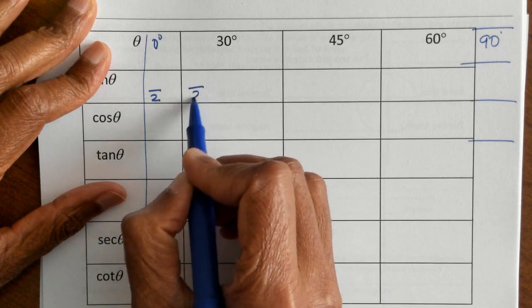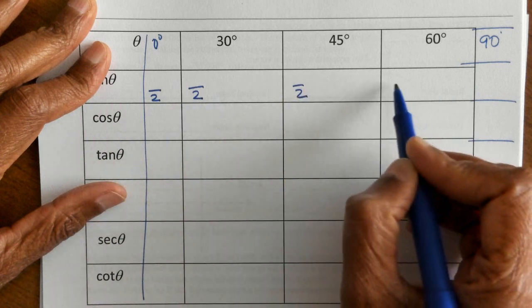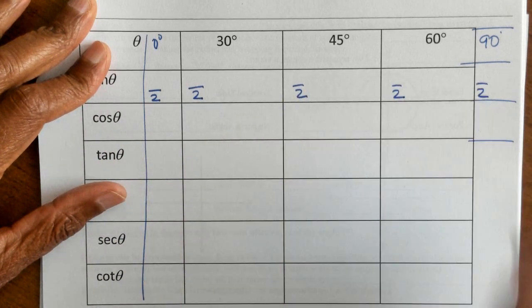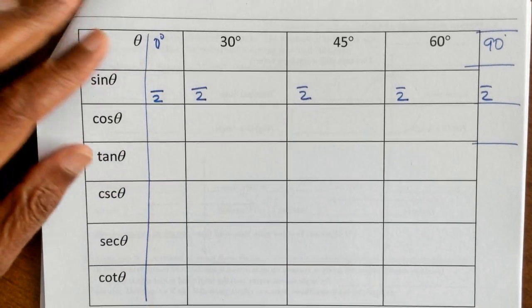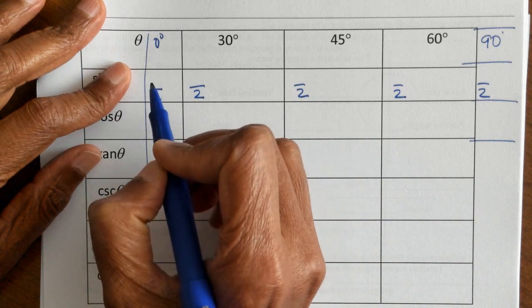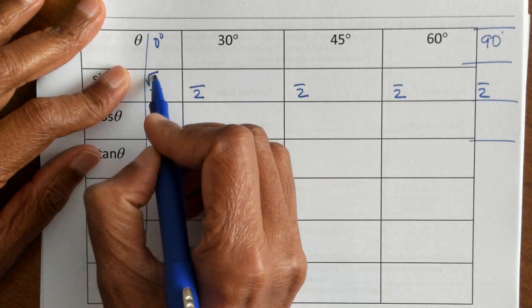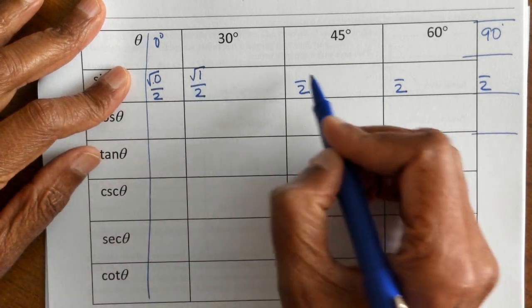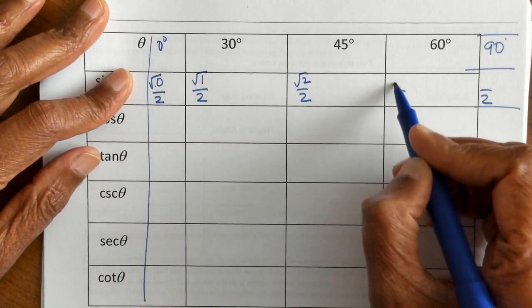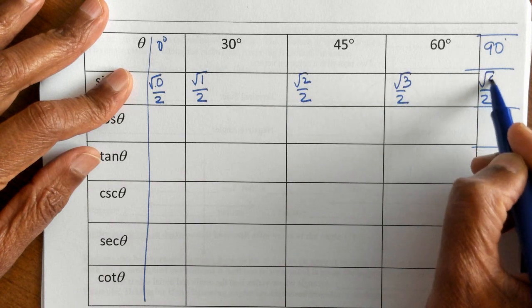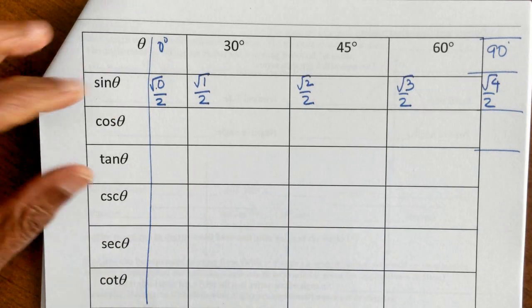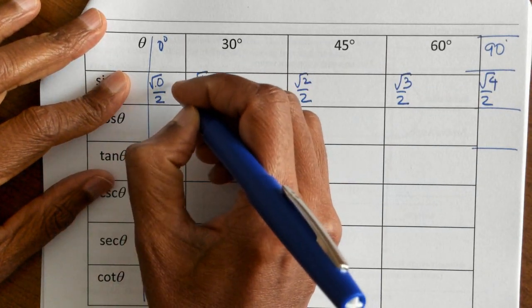In this ratio, you want the denominator to be 2. All the denominators. And then the numerator goes from, it's a square root, so square root of 0 to square root of 4. So square root of 0, square root of 1, square root of 2, and you'll see you will have to simplify it, square root of 3 and square root of 4. But we're not going to leave it like that. Square root of 0 is 0, 0 over anything is 0.